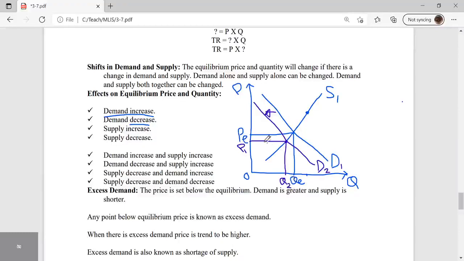This fall in demand will reduce the price to P2 and quantity to Q2. Very similar to the previous one. If you're facing any problem, let me know. I'll repeat.